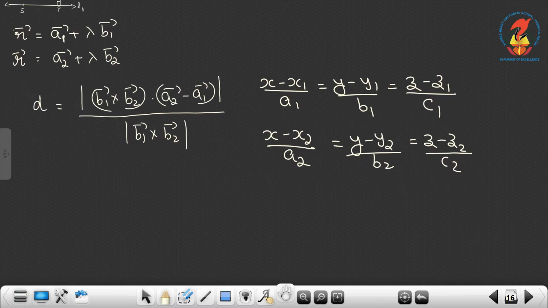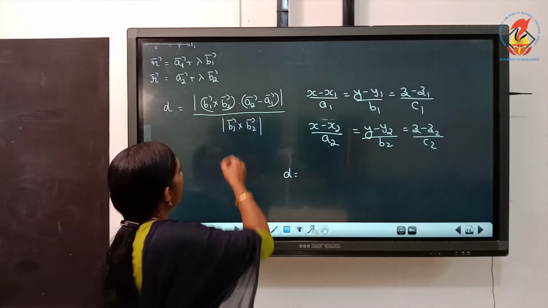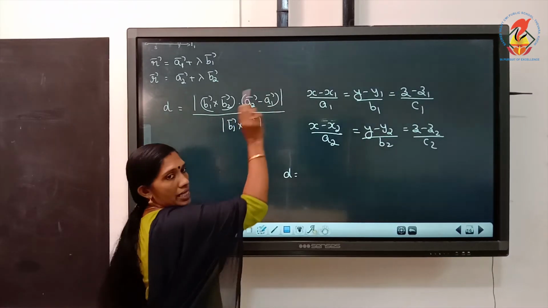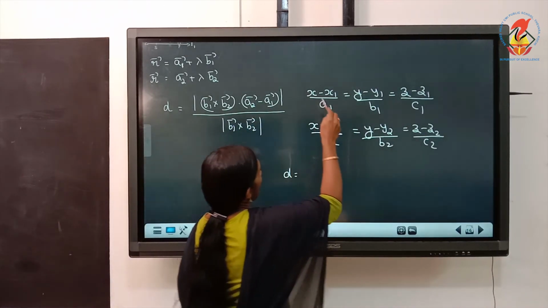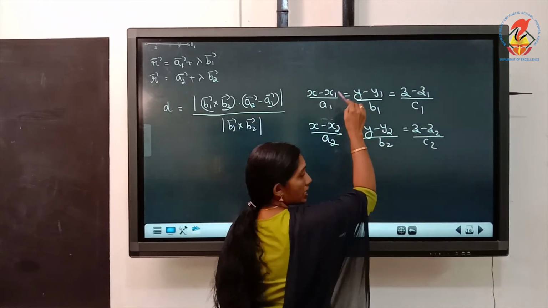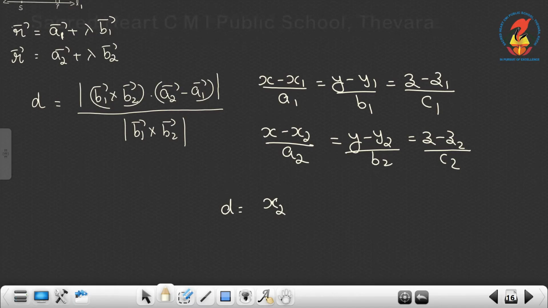Now how to find the distance? So D is equal to (b1 cross b2) dot (a2 minus a1). That's the vector format, the numerator part. So a2 minus a1 means the points difference: x2 minus x1, y2 minus y1, z2 minus z1.